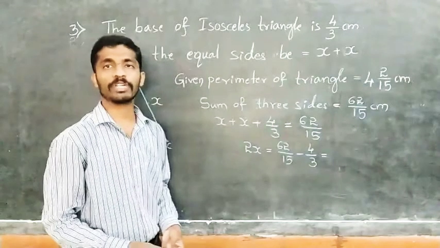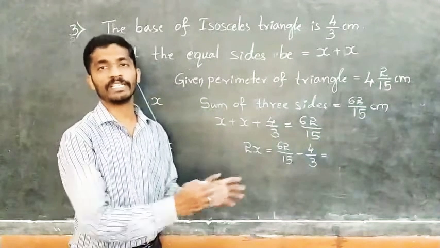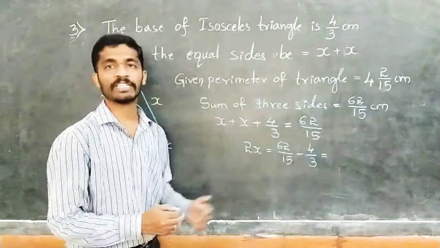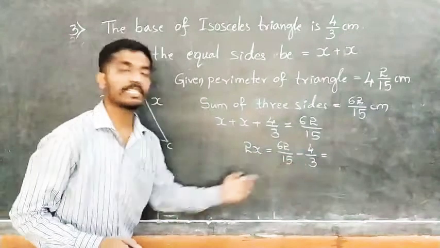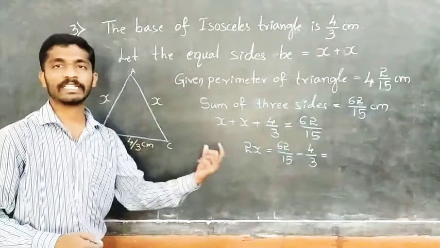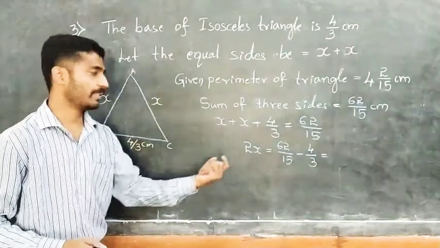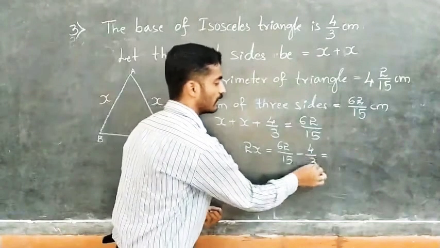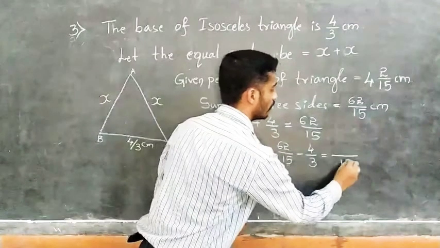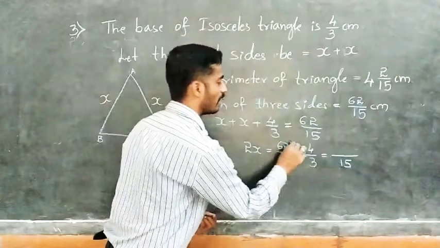Okay, so here 62 by 15 and 4 by 3, the denominators are different. One is 15 and the other is 3. So now you have to take the LCM of 15 and 3. What is the LCM of 15 and 3? That will be 15, because 3 fives are 15. So 15 ones are 15, 3 fives are 15.